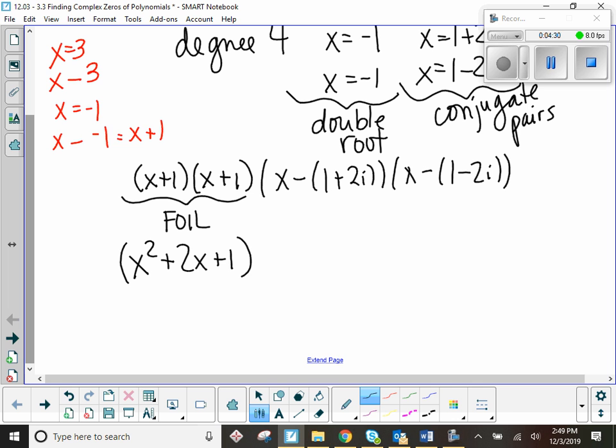I submit for your consideration that this right here, this weirdness, is also a FOIL problem. And I know you know how to FOIL because we just foiled. What does the F in FOIL stand for?